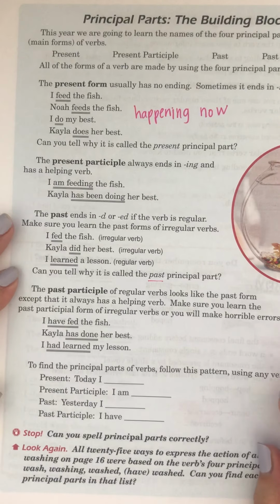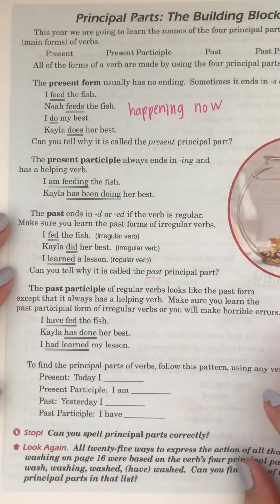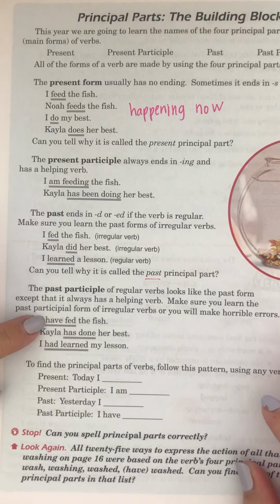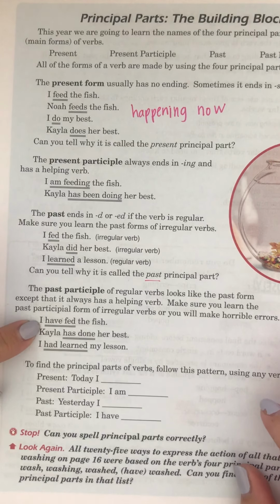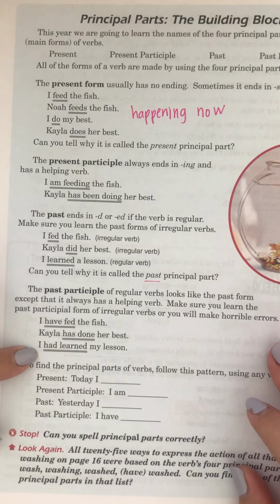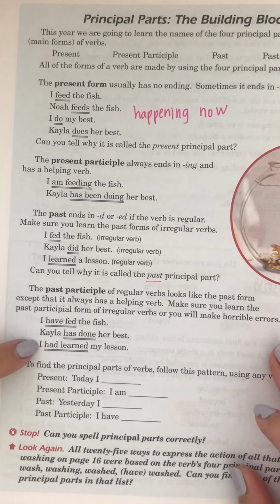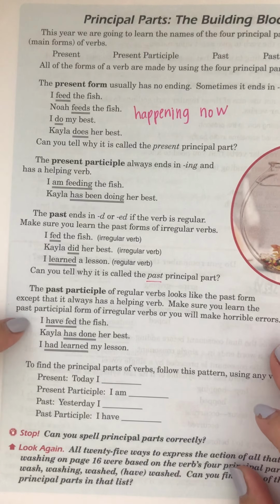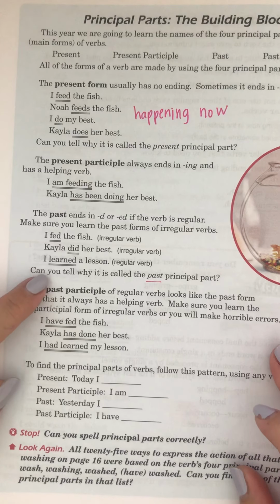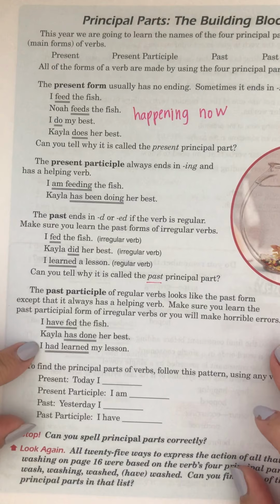And remember, we will have examples of irregular verbs on page 19. I have fed the fish. Kayla has done her best. I had learned my lesson. So these can be a little trickier. So we're going to work really hard to notice the difference between past and past participle.